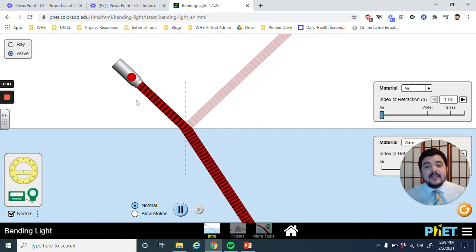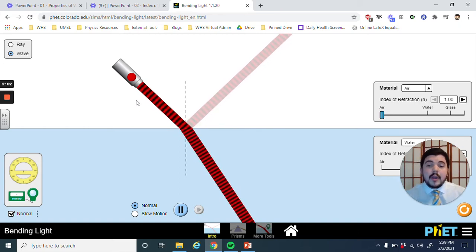The red in this picture represents the crest of a wave, and the black lines represent the trough of the wave as it moves forward. So this is what the electromagnetic wave from a laser actually looks like. We have these waves coming in: crest, trough, crest, trough, crest, trough, that alternates.